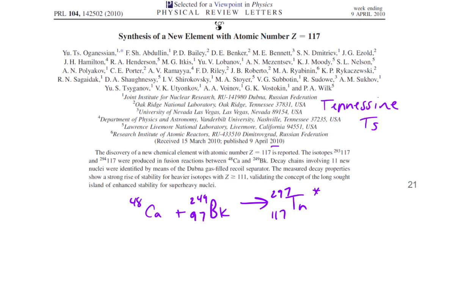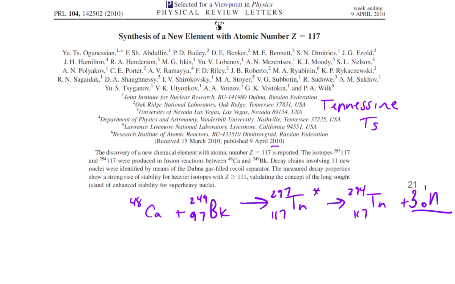It then formed a different isotope, tennessine-294, 117. And how many neutrons? Yeah, 3 neutrons. So 294 plus the 3 neutrons gives us 297, which was the initial isotope of tennessine.